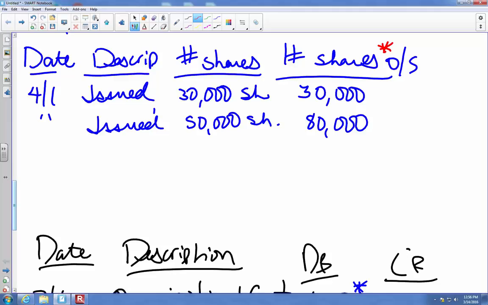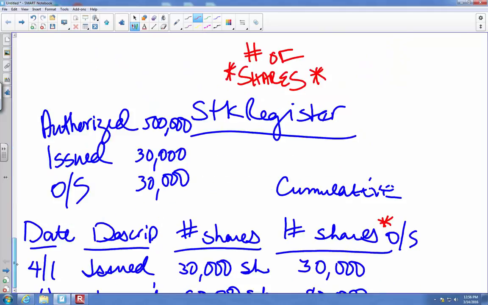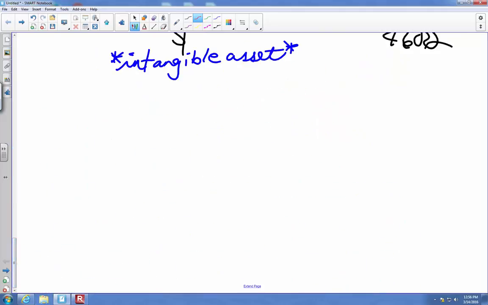The only other thing that's different is you are going to use an interim account called Common Stock Subscribed in place of where you put the par value until you issue it. Common Stock Subscribed.